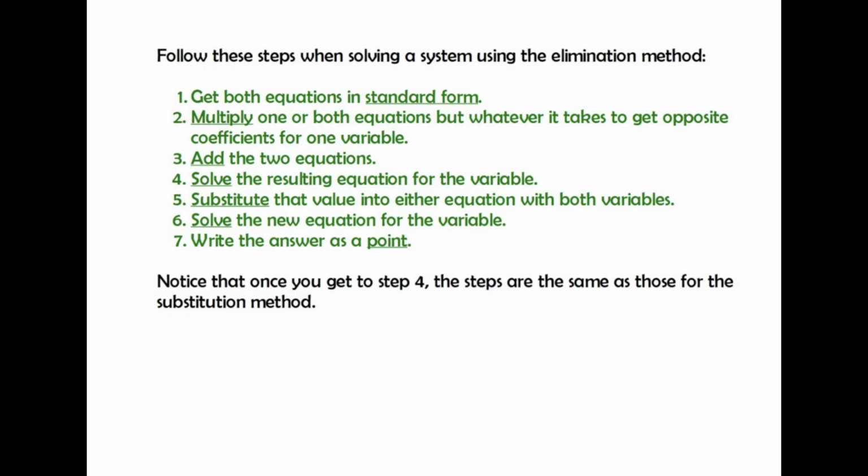We're going to do that next. Add the two equations. Solve the resulting equation for the variable. Substitute it into either equation with both variables. Solve the new equation and write it as a point. So solve, substitute, solve, point are the same steps that we did in substitution. So these first few are a little bit different, and that's all.